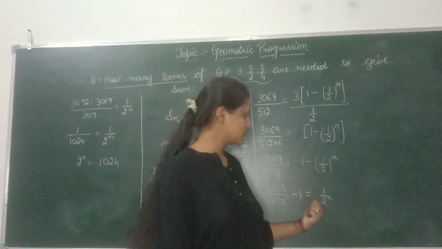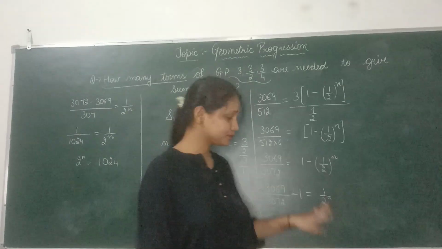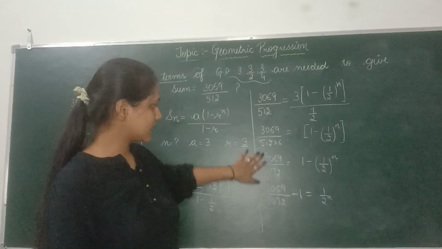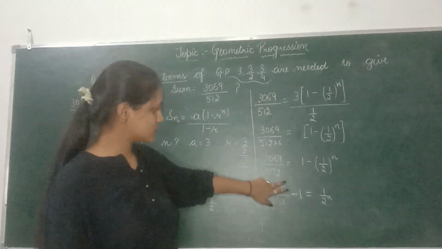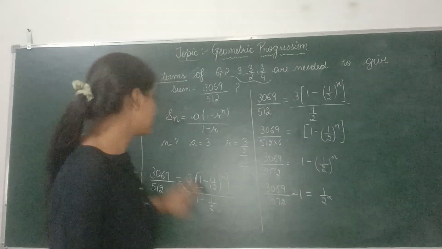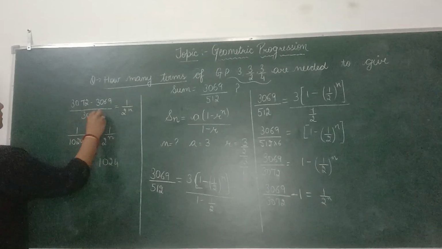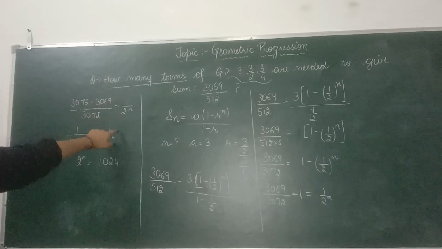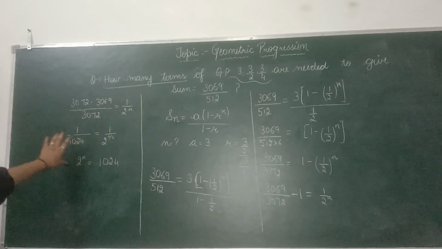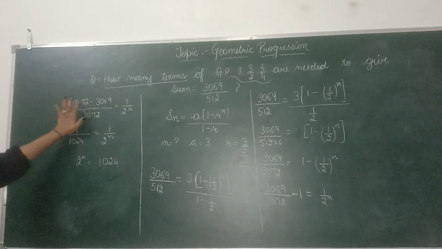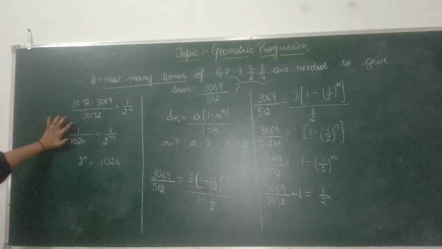So we will take here 1 upon 2 power N, and here we can take the LCM. 3072 minus 3069, here it will be 1 upon 2, and by subtracting this equation, it will be 3.